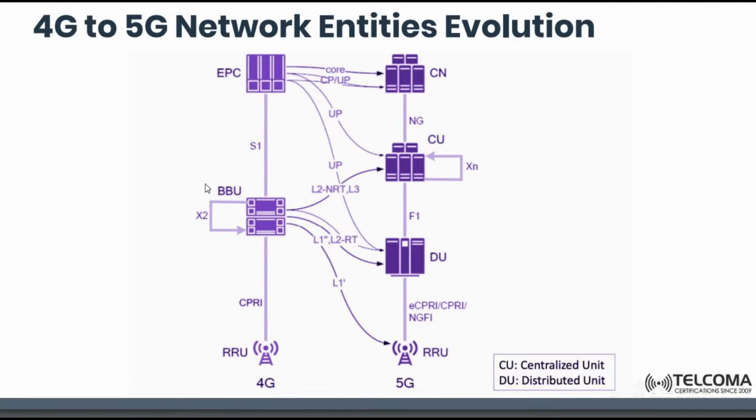Some of the functions of the BBU are done by the CU, some of the functions are done by the DU, and this DU is connected to the remote radio unit through eCPRI cable as it was in 4G, and CU and DU are connected through the F1 interface, and the core network is connected to the CU through the new generation interface.